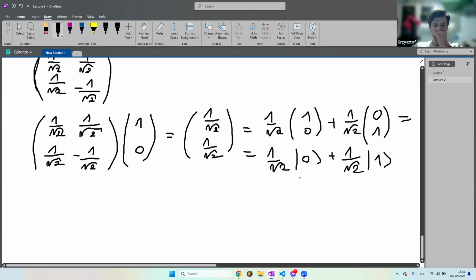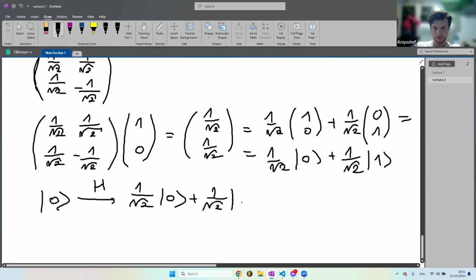So it's very interesting now. You can see that the Hadamard gate transforms the vector 0 to 1 over square root of 2 times 0, and 1 over square root of 2 times 1.